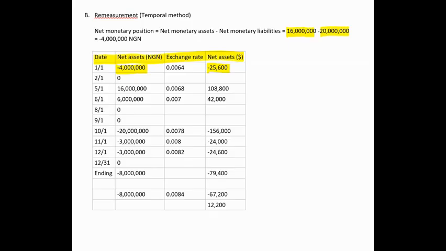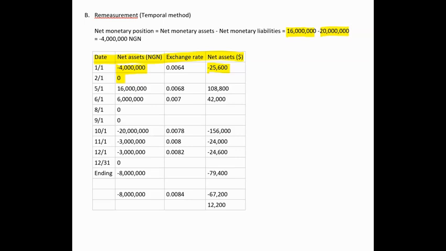Let's look at those transactions one by one. February 1st, it paid 8 million NGN on notes payable. In this transaction, we debit notes payable and credit cash, so the net impact on the net monetary position is 0. Second transaction, on May 1st, the company sold its entire inventory for 16 million NGN on account.